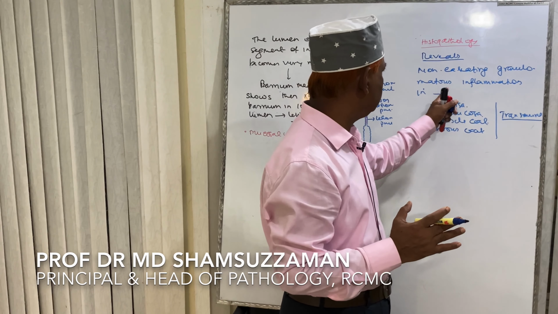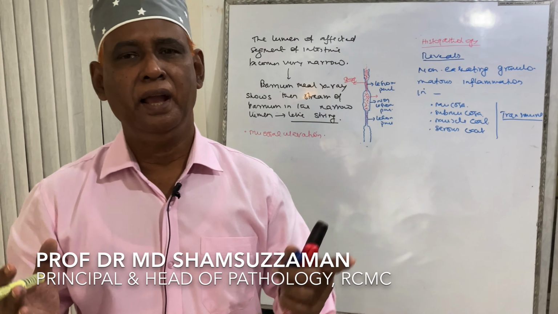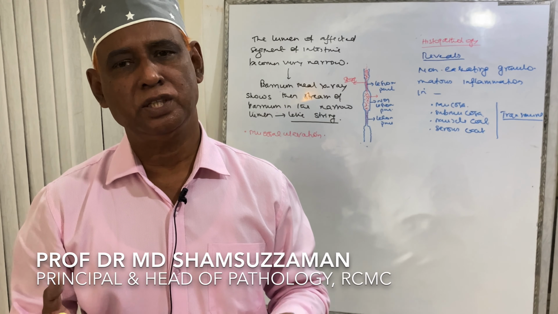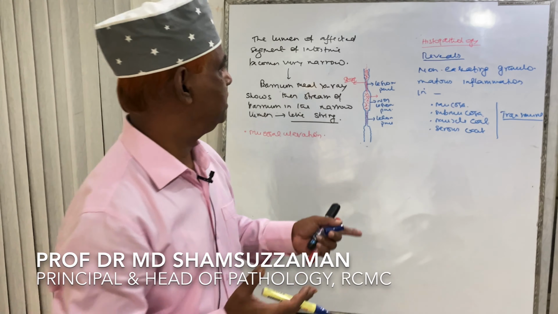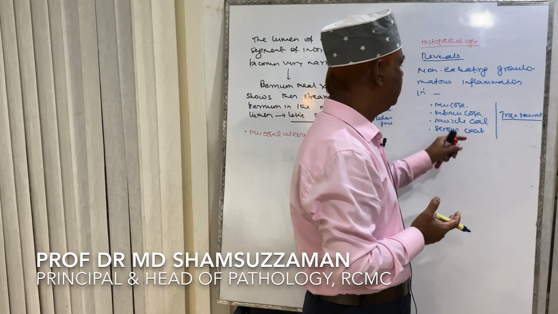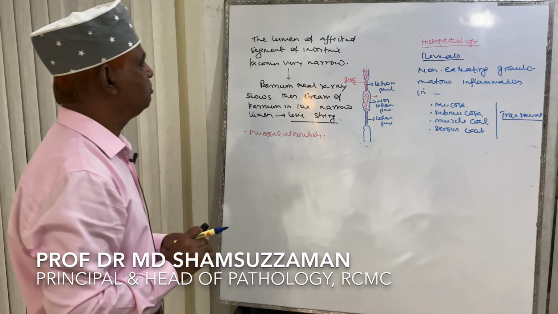We will not get any caseation necrosis or Langerhans type giant cell, only epithelioid cells as nodular collection. So it is non-caseating granulomatous inflammation in all layers, that is transmural inflammation. This is the histopathology of Crohn's disease.